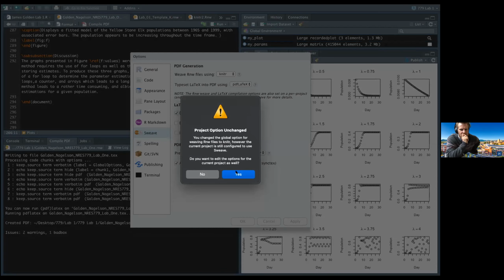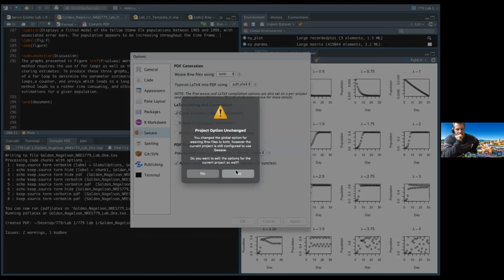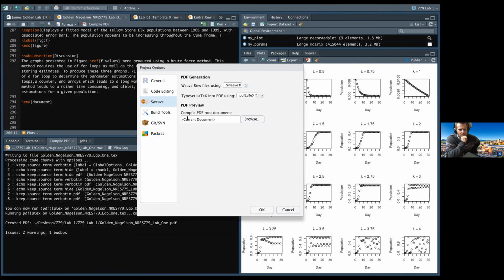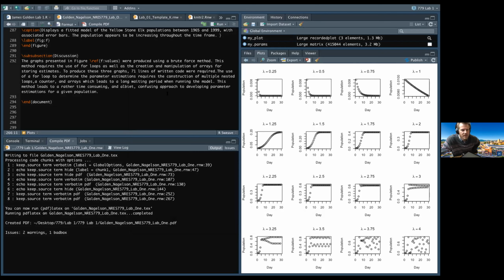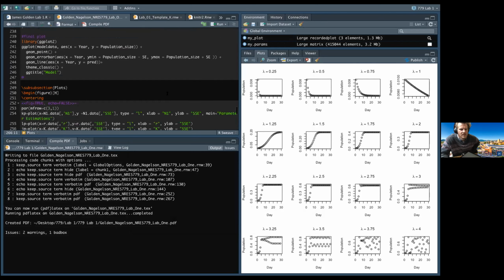Project option unchanged. Yes. It may require you to do it again because I think that changed global and now it wants it to do this. Okay, sure. Yeah, hit OK, and then I think you'll have to install the Knitr package, but go ahead, try compiling that.